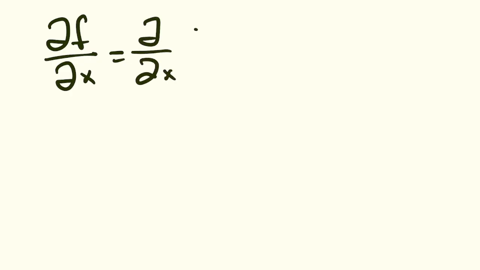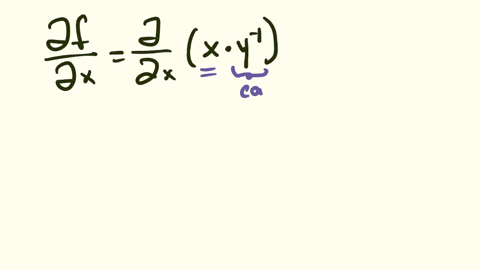We're looking at partial of our function f with respect to x. I'm going to rewrite this once more. Partial with respect to x of the function x times y to the -1. So in this case, we're taking the derivative with respect to x, which means our other variable, our y, is going to be a constant.